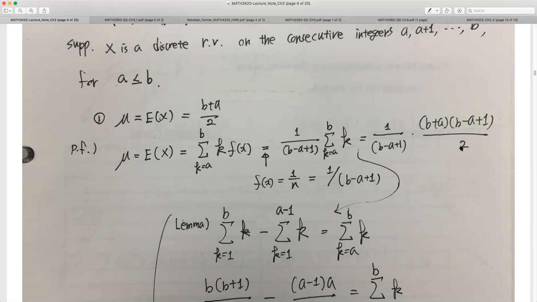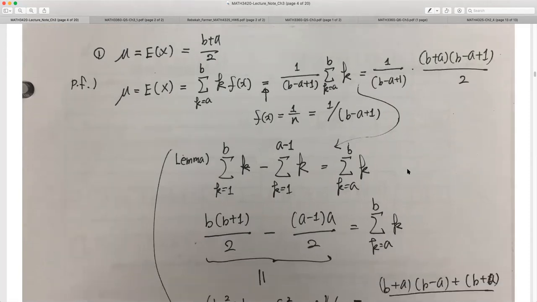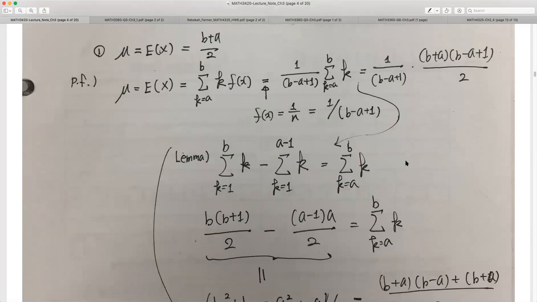Now we're going to use that lemma: sigma k equals 1 through b is b times (b plus 1) over 2, minus sigma k equals 1 through a minus 1, which is (a minus 1) times ((a minus 1) plus 1), which is a, over 2.